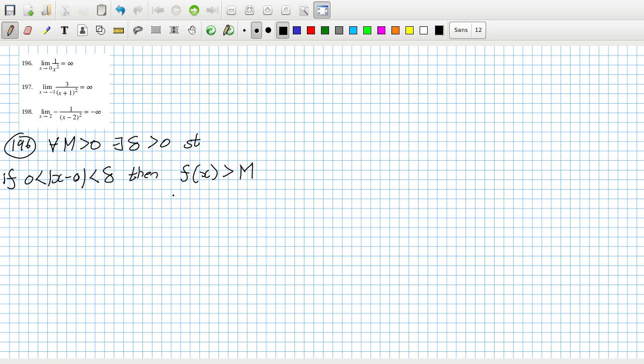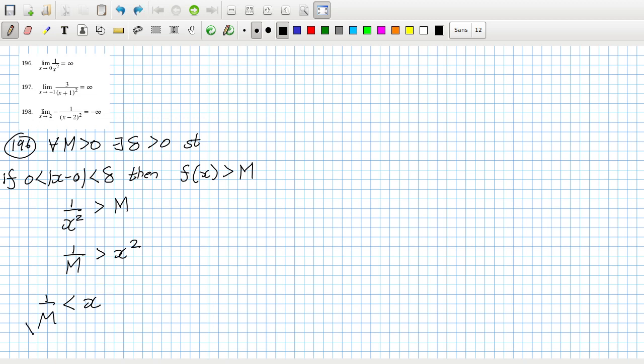Let's check it out. So we have 1 over x squared more than m. So that means 1 over m is more than x squared. Or if you prefer, x squared is more than 1 over m.